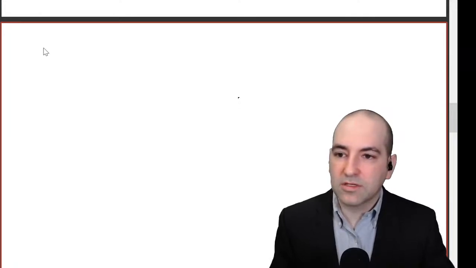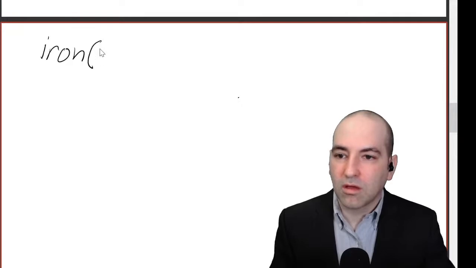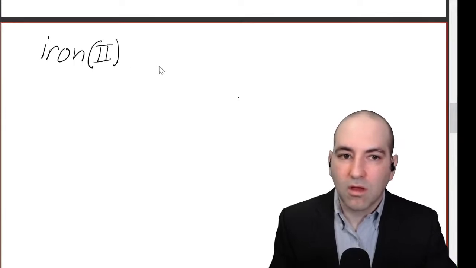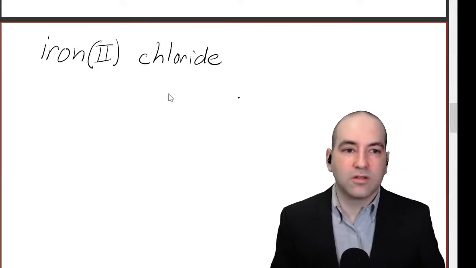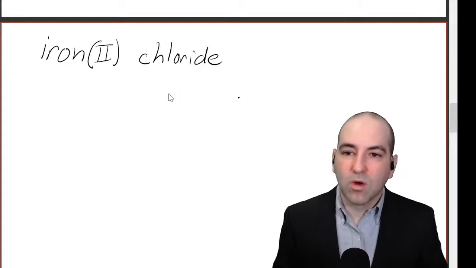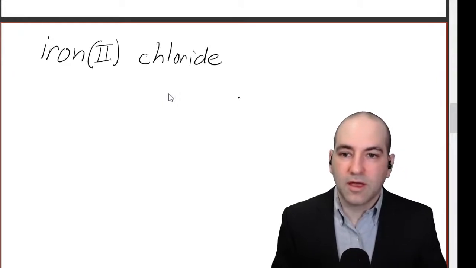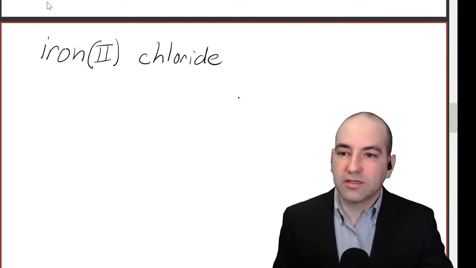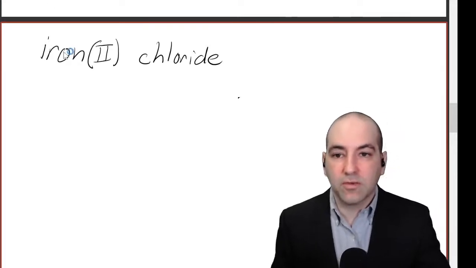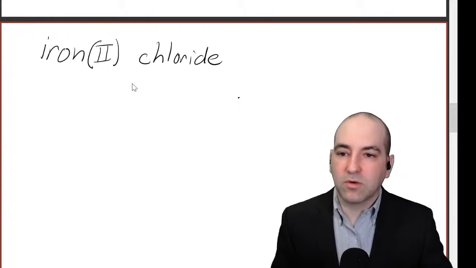So if we take, for instance, iron, if we look at a compound of iron, we might see something like this: iron 2 chloride. So we have this Roman numeral 2 in parentheses as part of the name. And that's because there are multiple different iron chlorides. There's iron 2 chloride and there's iron 3 chloride. So we have to specify which one we're talking about.